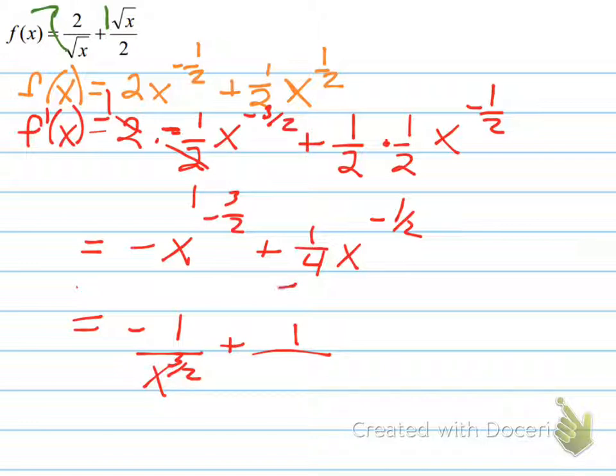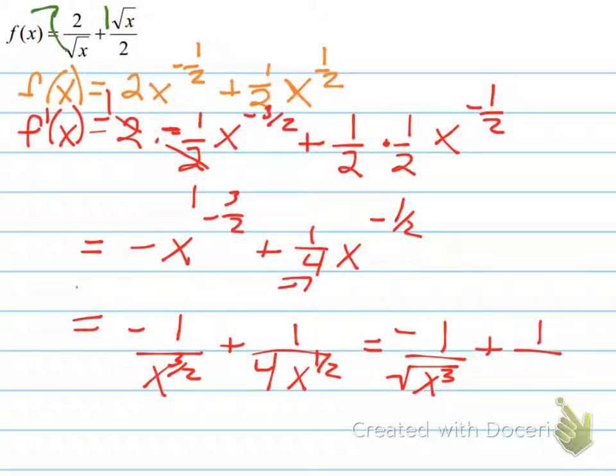I already have a fraction as terms right there. So leave that 4 down there and have this x to the 1/2 join. If I wanted to be fancy with it, it would be negative 1 over the square root of x cubed plus 1 over 4 times the square root of x.